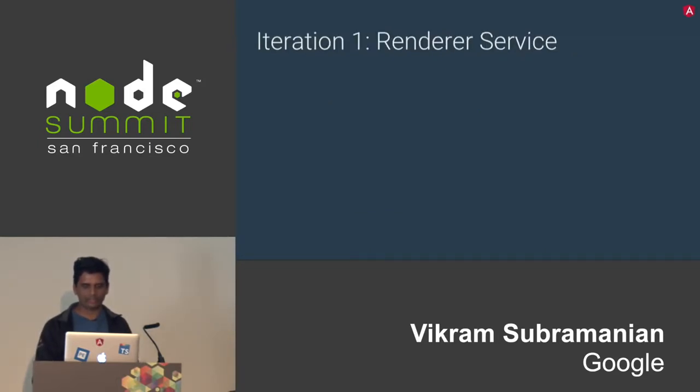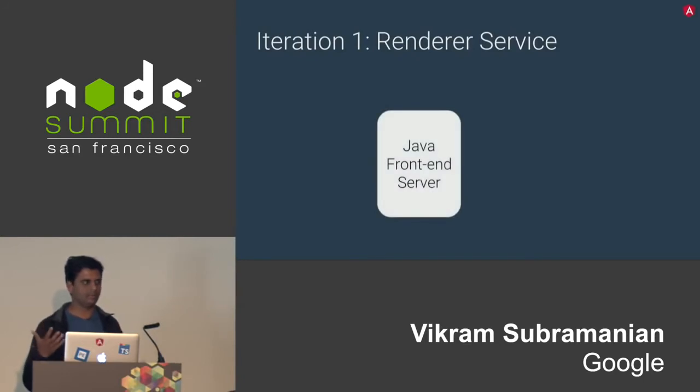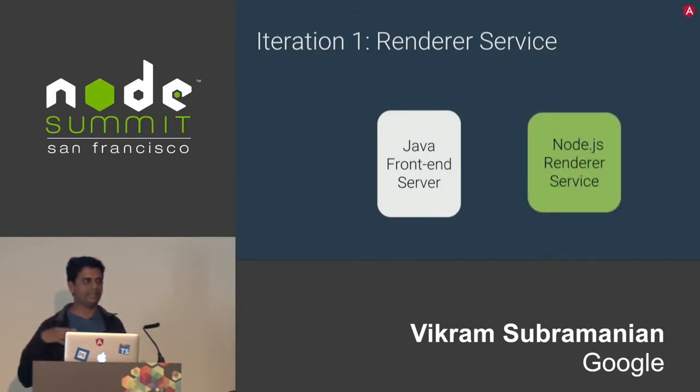So in our case, we wanted to create a server-side rendering service based on Node.js. So you have the Java front-end server, which is the standard front-end server used inside Google. We still maintain that. And we created a new Node.js render service. And for Shopping Express, we put the Shopping Express app into it.